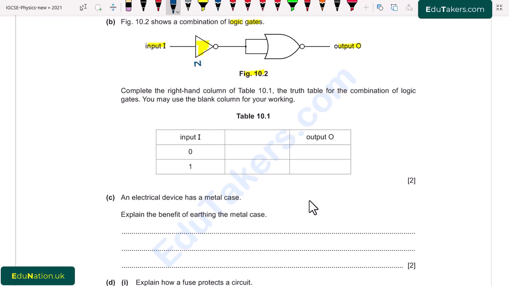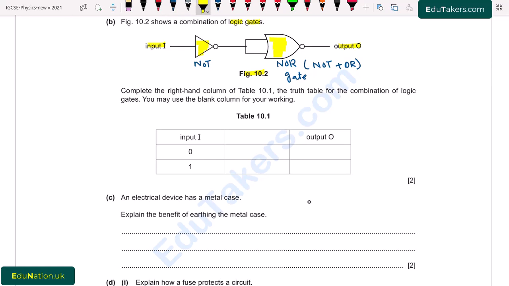I write here NOT, and the output of this NOT gate becomes the input of the next gate, and this gate is a NOR gate, which is the combination of NOT and OR gate. So I write here NOR gate, and it is the combination of NOT plus OR gate.